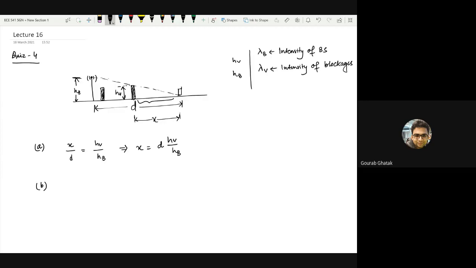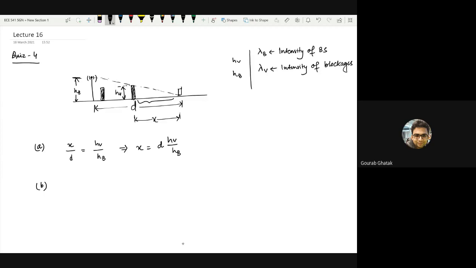Okay, then using the above, we have to prove that if the nearest base station is blocked, all the base stations on the same side as the nearest base station are blocked. There are a few ways to do it. Some of you, I think, have done it by proof by contradiction. That's also fine.